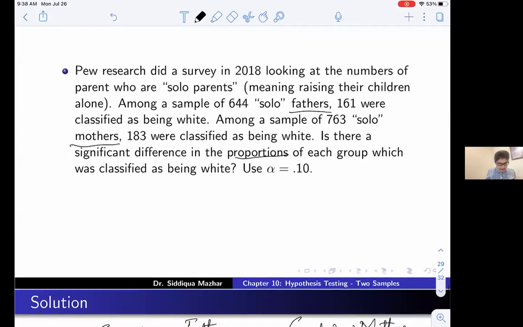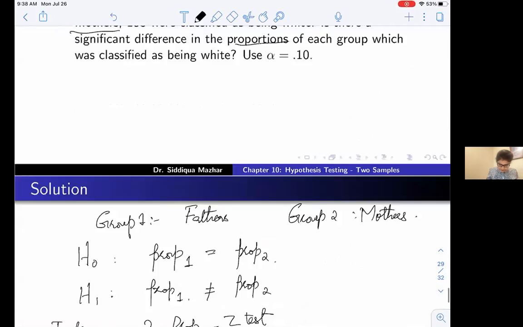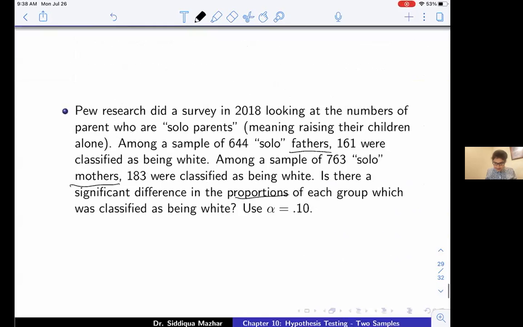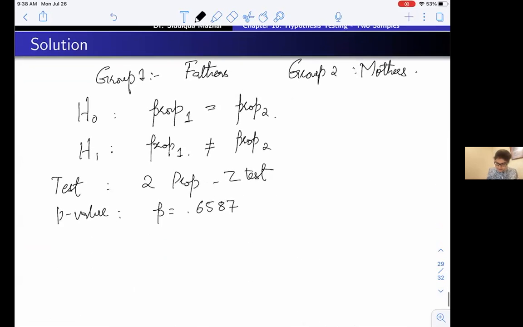So now my P value in this case is 0.6587. So what is my alpha? Alpha is 0.10. So this means P value is greater than alpha.